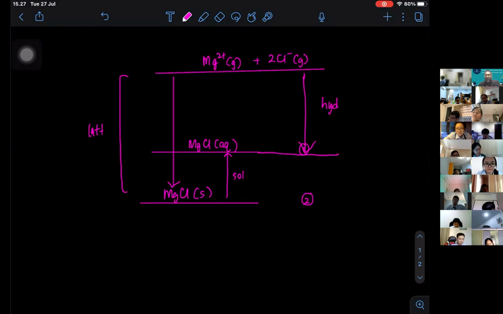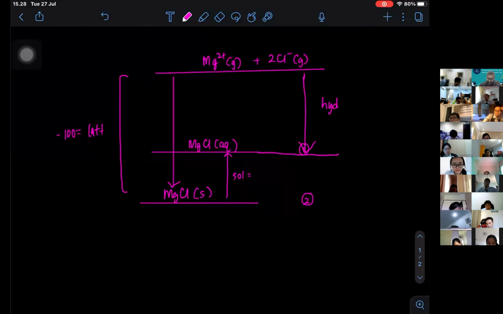Let's say your lattice energy is a negative value, but I'll just give a number, negative 100, for example, and the solution is a positive value, so let's say we take it as positive 40. Now, when I join lattice energy plus solution, what is the value? Negative 100 plus 40. What is the value?